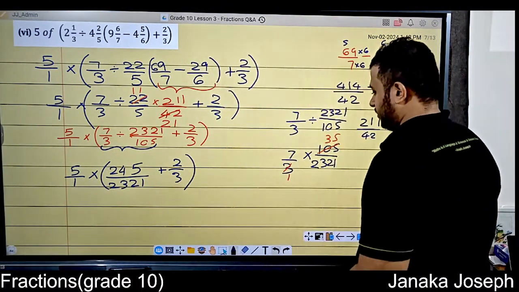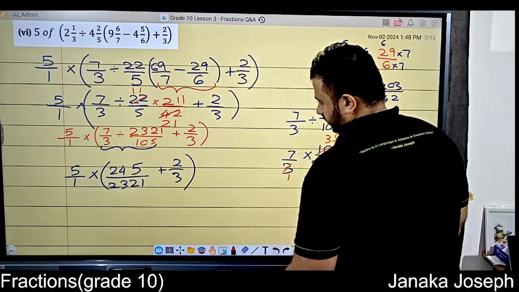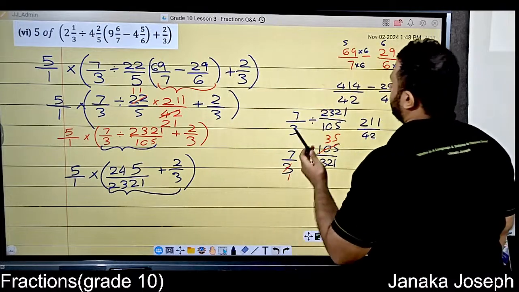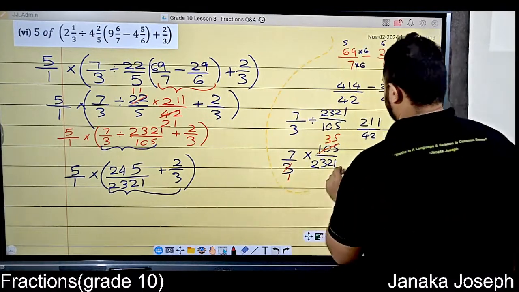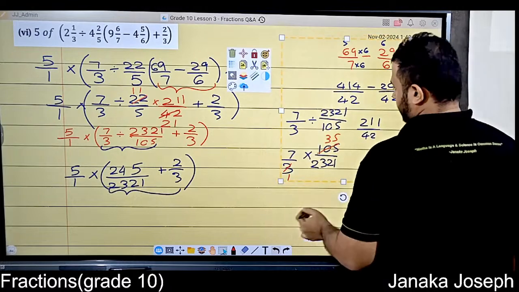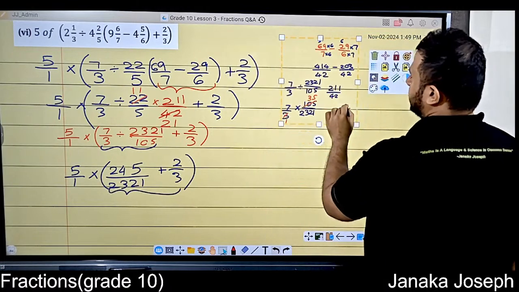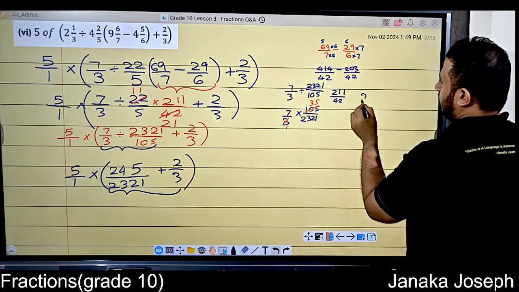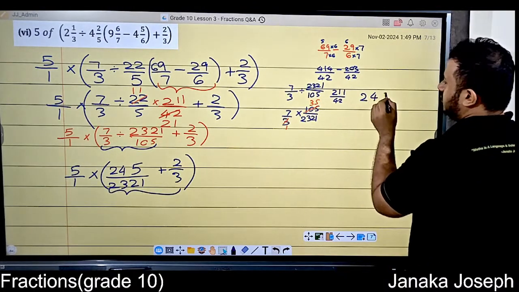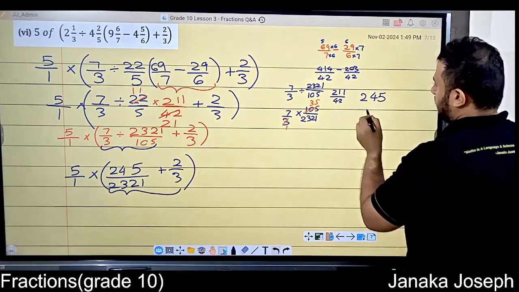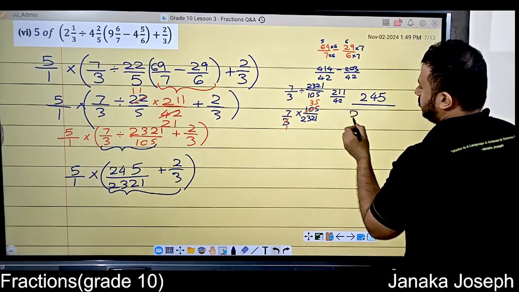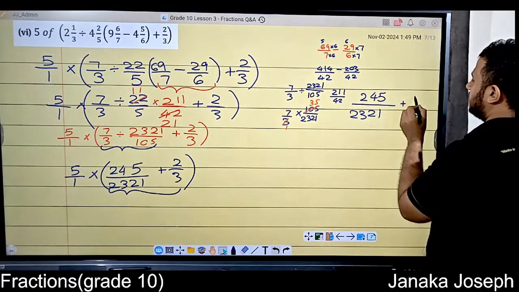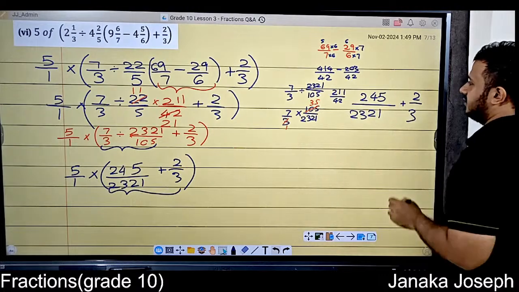So let's do that part now. Let me say that I'm going to get this done now. Let me take this part, make it a little small so I have a little bit more space here. 245 over 2321 with a plus 2 over 3.